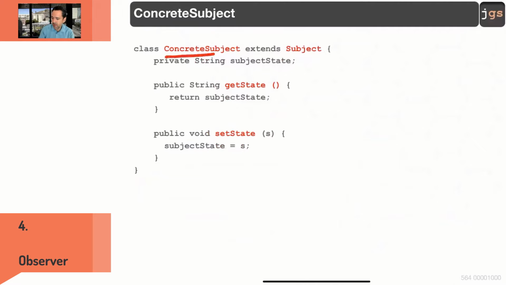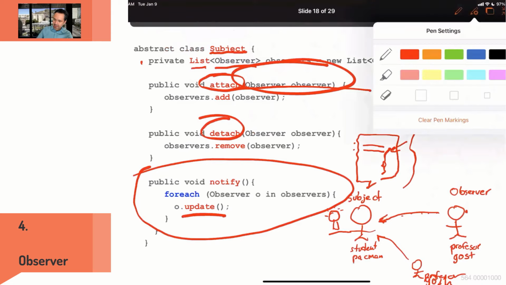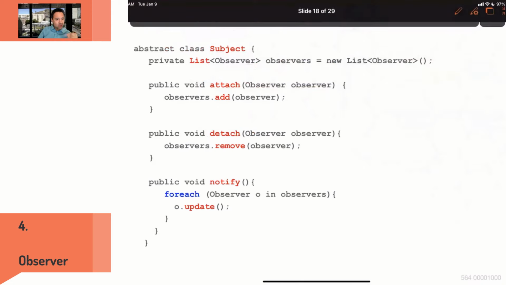This is my concrete subject that could be a Pac-Man. And as you notice, there is nothing there. Whatever is here is just the normal trivial source code for the class Pac-Man. There is nothing special. The only special thing is extending from the other class. What happened with this Pac-Man? Extend, subject, inheritance. When Pac-Man extends subject, you are adding to the Pac-Man this linked list, this add, this remove, and this notify.